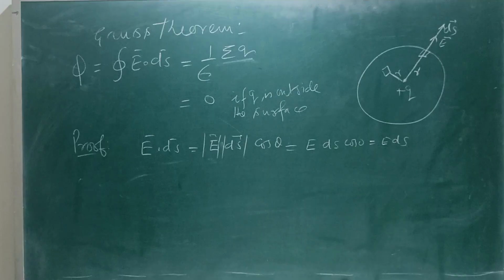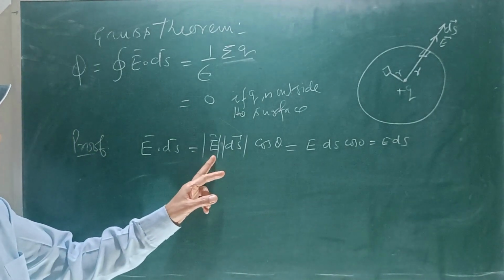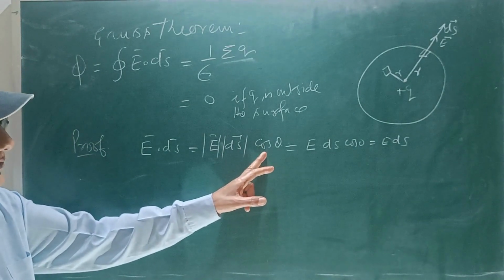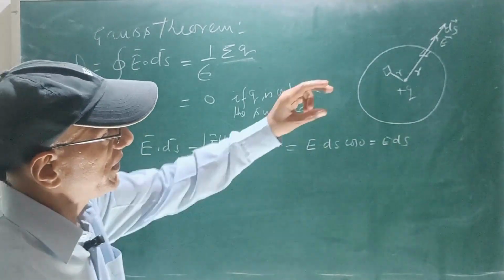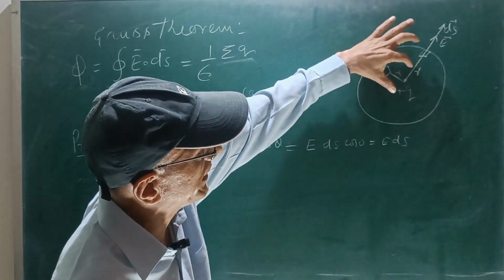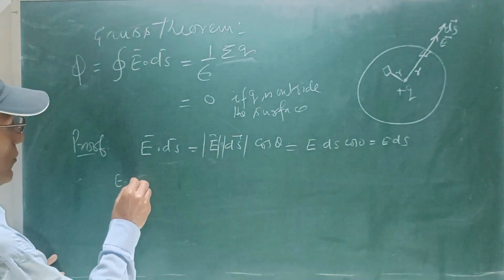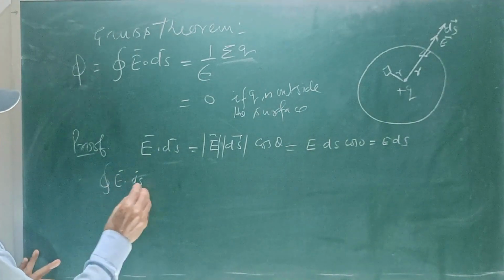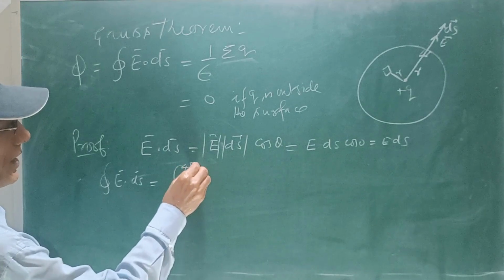So now proof: E dot ds is equal to mod E into ds into cos theta, which is cos 0. E ds cos 0 is E ds. The value of E here at this point will be KQ by R square. So integral of E dot ds over the closed surface will be equal to limit 0 to 4 pi R square.